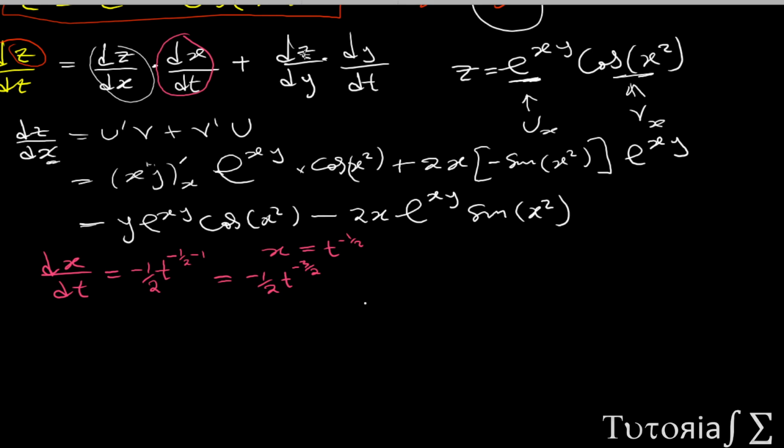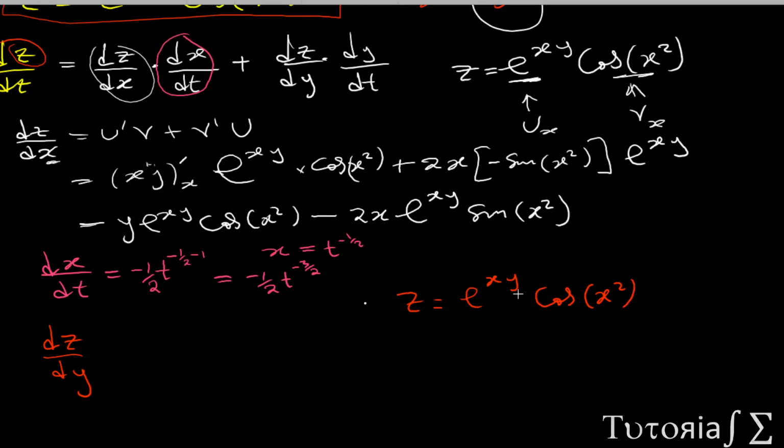We now find dz dy. So dz dy, let me use a different pen, let me use red. Again, remember z is equal to e to the xy cos x squared.